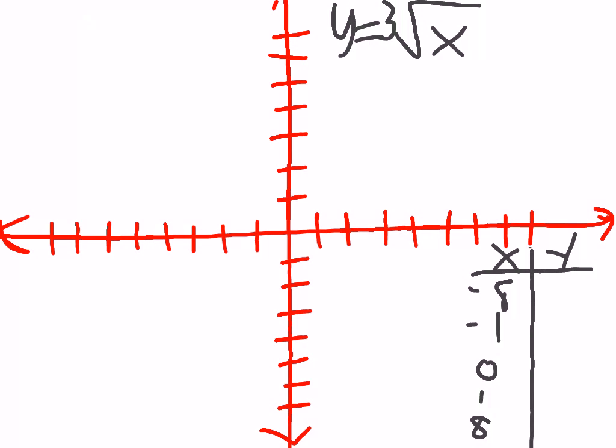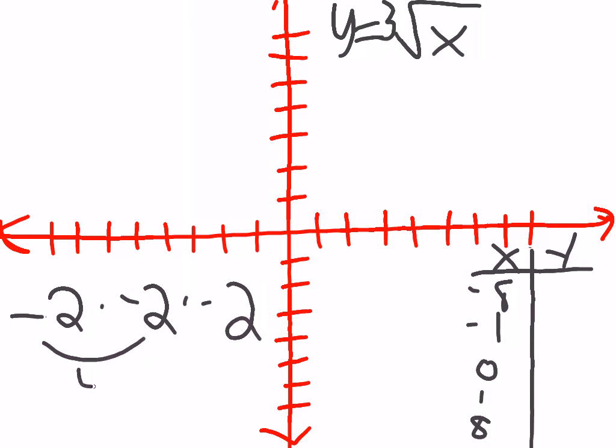And you can check that because, let me do a little side work here. I'm trying to get -8. So I got -2 times -2 times -2. I know that gives me +4. But if I multiply that by -2, I get -8.